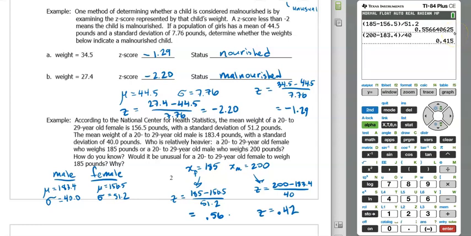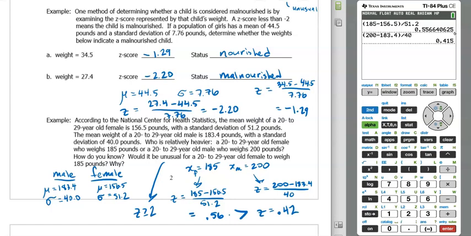And we can see that since the female z-score is more than the male z-score, the female actually is relatively heavier. And then for this question, would it be unusual for this female to weigh 185 pounds? Going back to our standard for something being unusual, unusual means that the z-score is greater than or equal to 2.